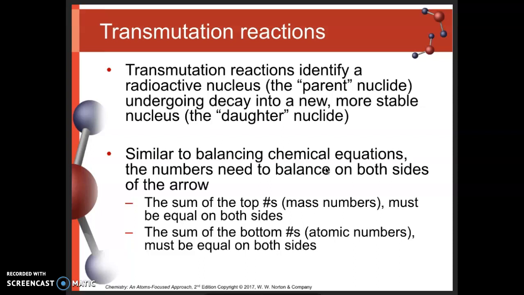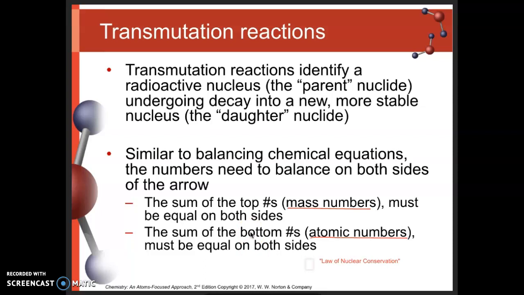Now, in a transmutation reaction, we keep track of two different things. We keep track of mass numbers, and we keep track of atomic numbers. We can think of this as our law of nuclear conservation, which really isn't a thing, but it's a good way to frame what's going on in these transmutation reactions.